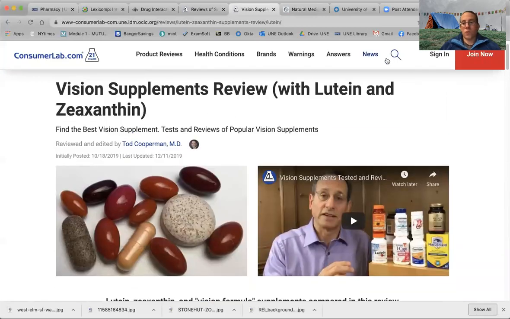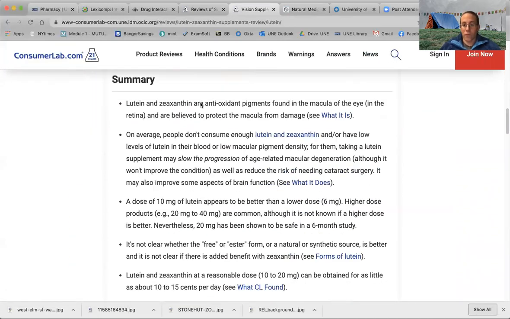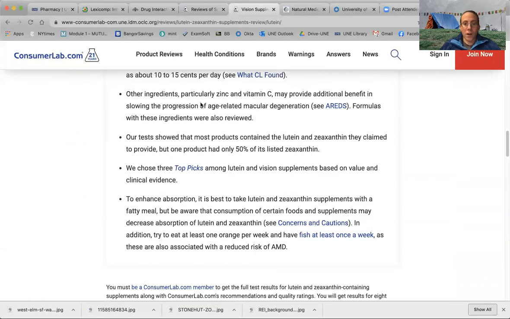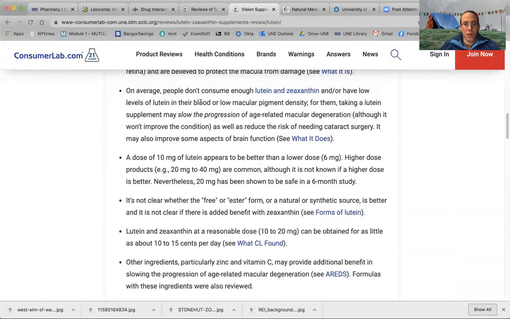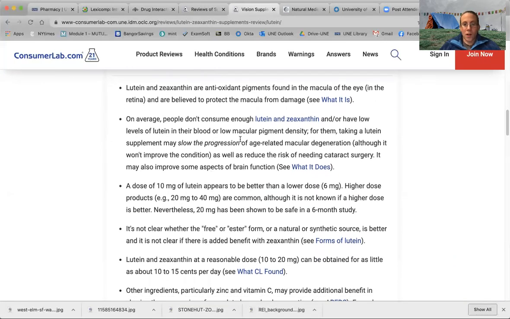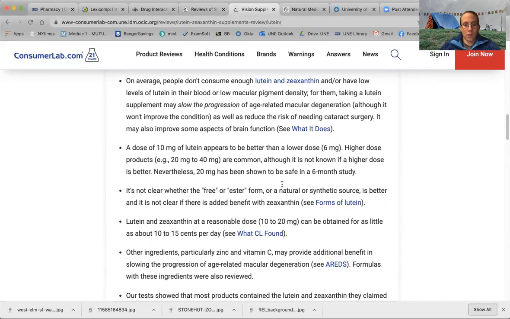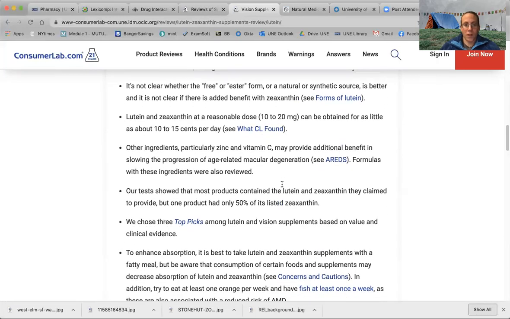So I just searched for vision vitamins right here. And there is seriously the longest write-up I've ever seen for vitamins. But they give you a quick summary of why they're used, macular degeneration, what the products are that they need, which is lutein and zeaxanthin, and then what the dose is suggested based on studies.